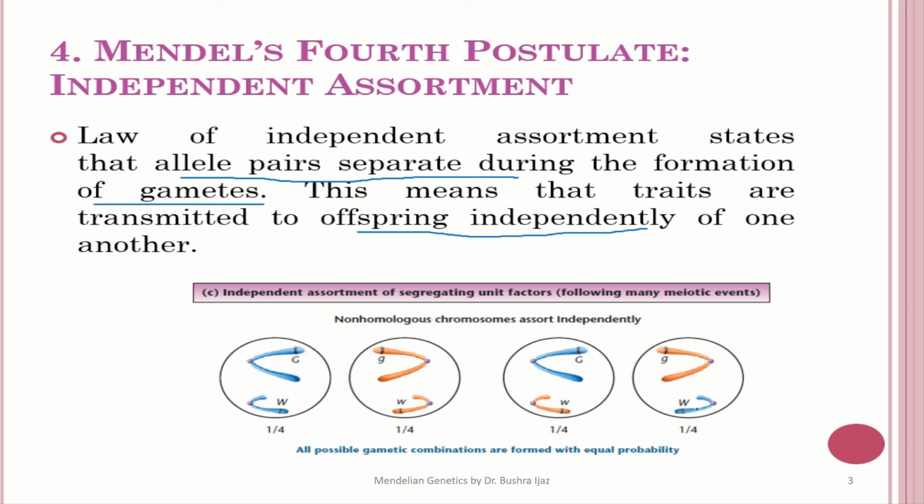capital W. So these are the different combinations, because in meiosis a single egg cell divides by two meiotic divisions, and then it produces four gametes. This is how the four gametes are equally different from one another genetically, right? So all possible genetic combinations are found with equal probability.